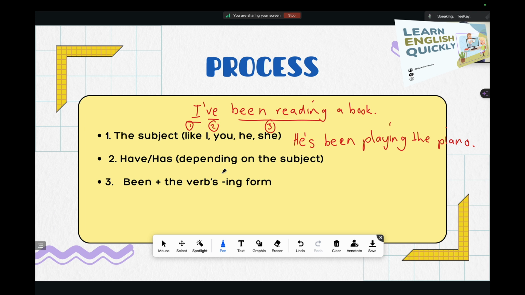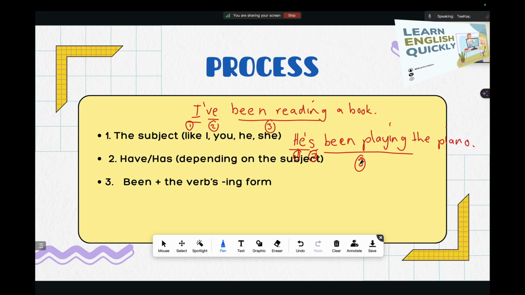Yes? Oh yeah, wow, very good. So here are our three parts: subject, has, and been plus the verb with ing here.